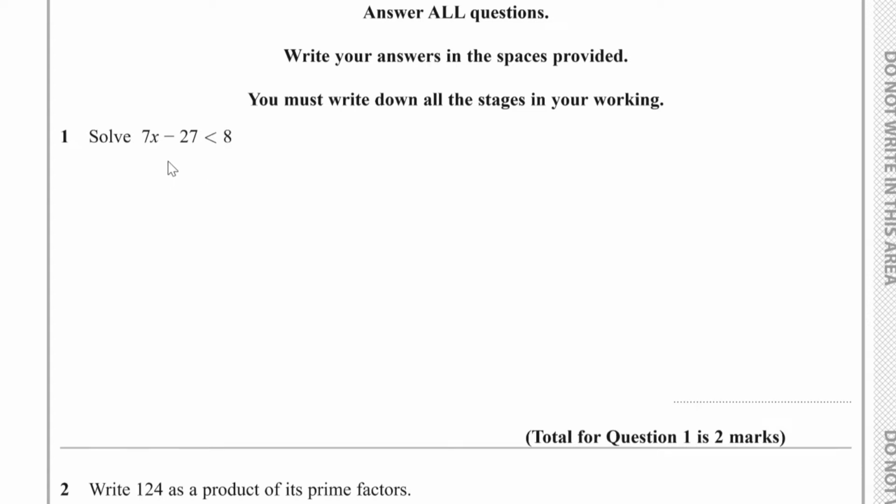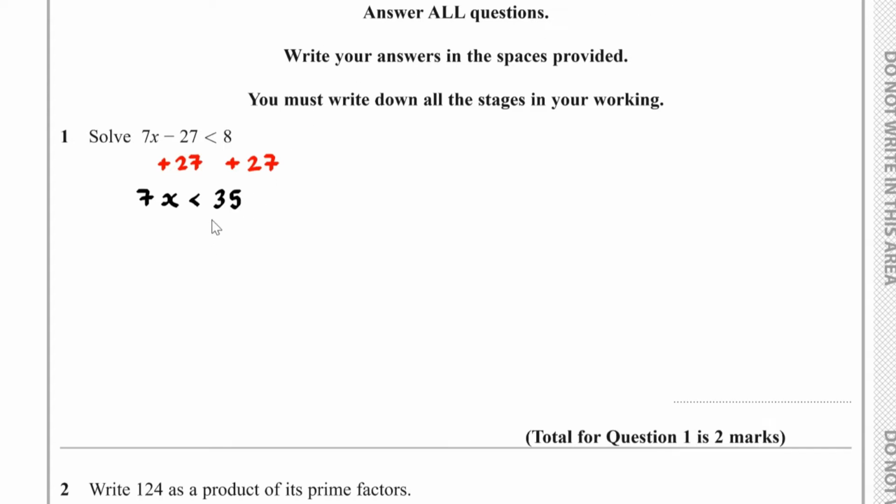Well, if we add 27 to both sides, 7x subtract 27 plus 27 is 7x, and this is less than 8 plus 27, which is 35.